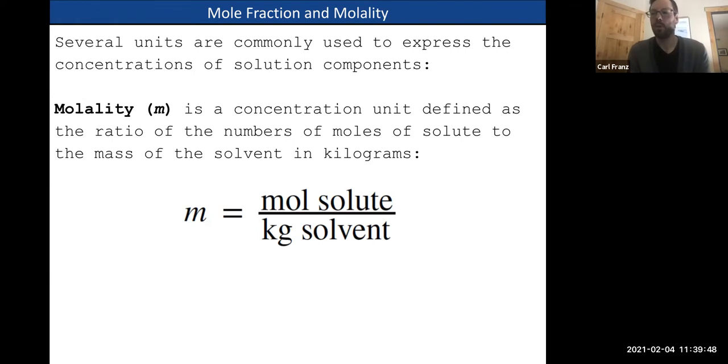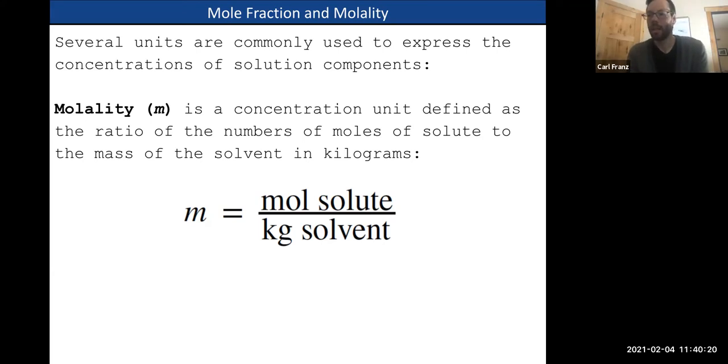So when we're talking about molarity, the concentration of that solution, which is going to have, say, the same amount of solute and solvent, would be different if you change the temperature, right? Because again, the volume is contracting and expanding, okay? So to get around that, we use other units such as molality or mole fraction.